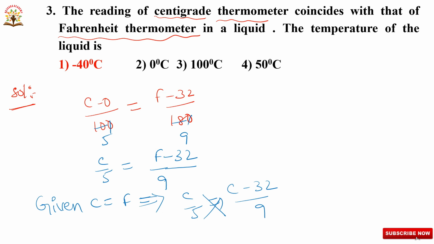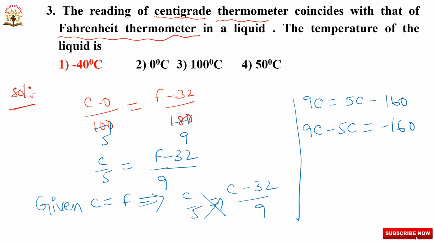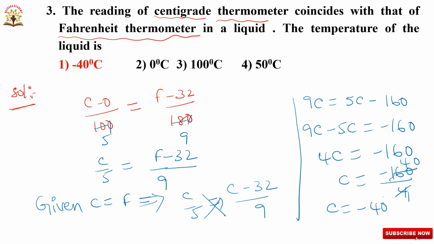Now taking cross multiplication, 9 into C is equals to 5C minus 32 into 5, 160. So 9C going this side, minus 5C is equals to minus 160. 9C minus 5C is 4C. 4C is equals to minus 160. C is equals to minus 160 by 4, which is 40. So C is equals to minus 40 degrees.